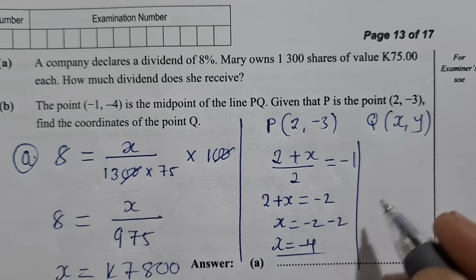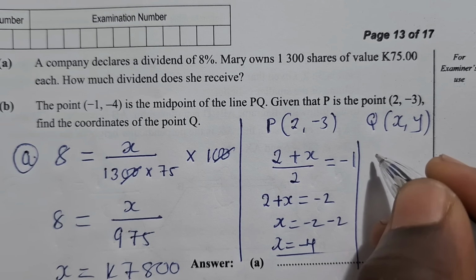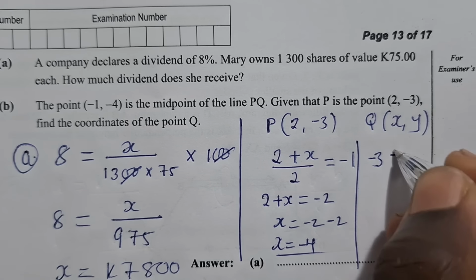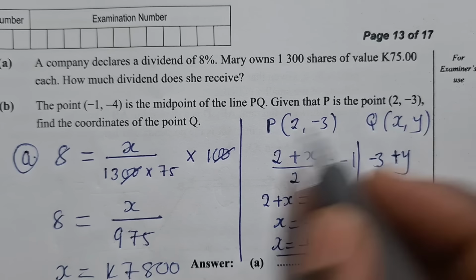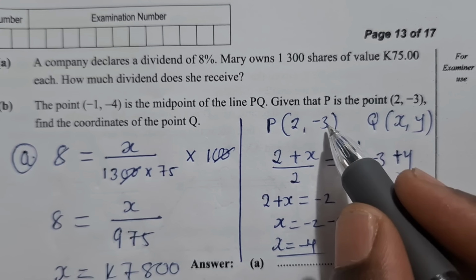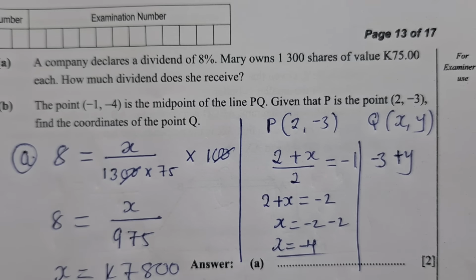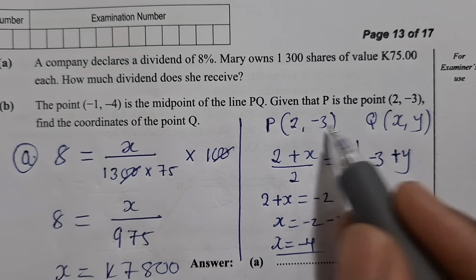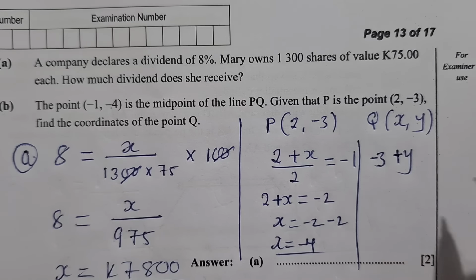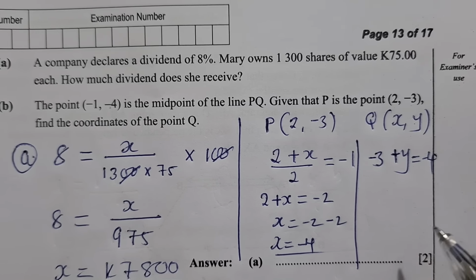Again, for this other one, we say -3 plus y over 2, you see, this plus this is equal to the answer. Even here, -3 plus y over 2 is equal to this -4, the y-axis.